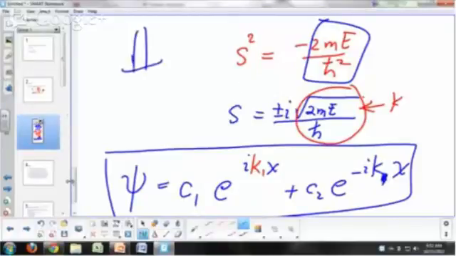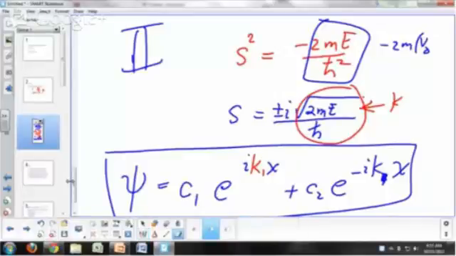For region 2, you're going to have s squared equals, instead of that, negative 2m, e minus v naught.